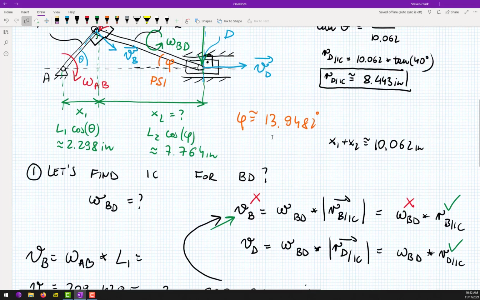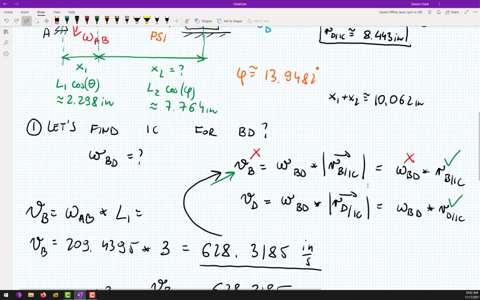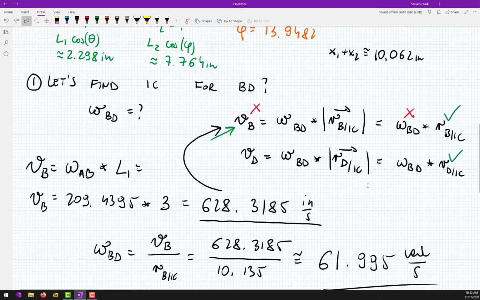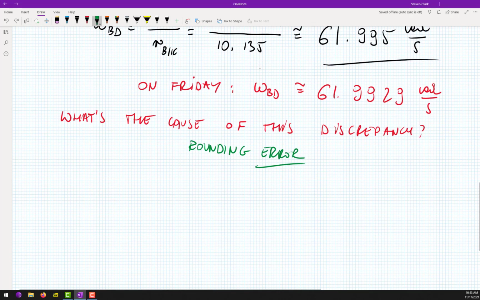Okay, but I think they asked us in the problem statement to find this vector, VD. In order to find it, we must go for our other expression, this one. So our VD, finally, will be omega BD, which we just found, times RDIC.